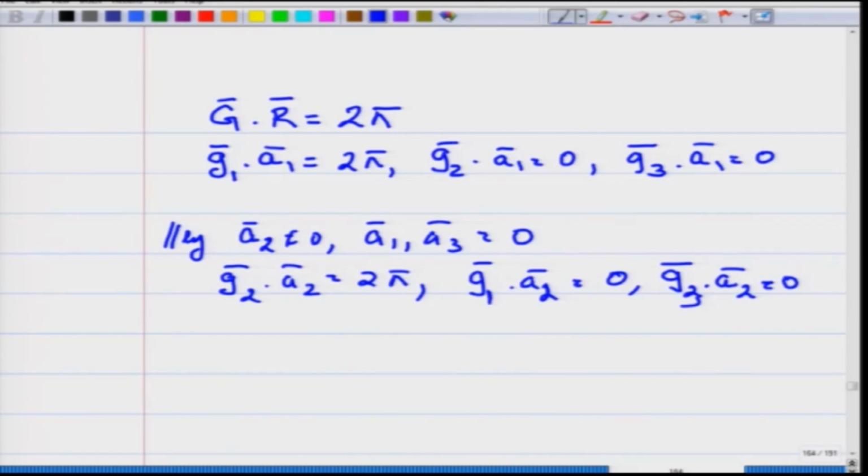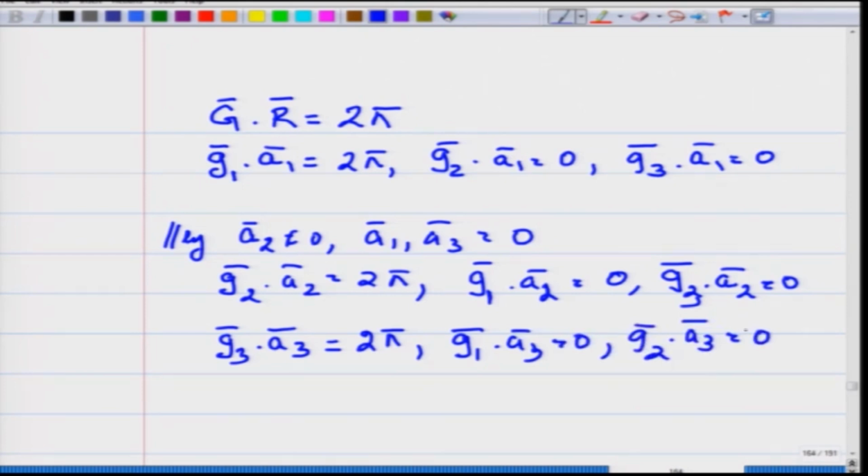Similarly, G2 is having some component along A2, but G1 and G3 are perpendicular to A2. And you can write down the same thing: G3 dot A3 is equal to 2 pi and G1 dot A3 should be equal to 0 and G2 dot A3 should be equal to 0. So the condition that G bar dot R bar equal to 1 gives us a way to construct these vectors G1, G2 and G3.